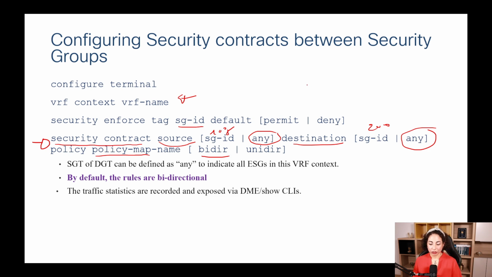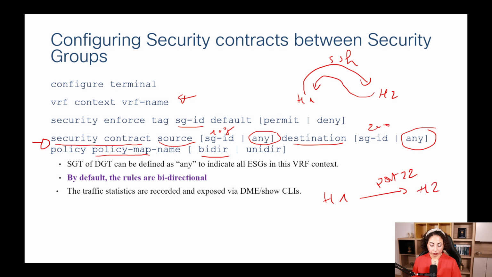What it means is that when we have opened the flow from host 1 to host 2 for SSH, it will not only allow this flow, but it will also allow the return flow. So we explicitly authorize port 22 for TCP to host 2, but it also means that when host 2 initiates traffic from source port 22, it will be allowed to host 1.